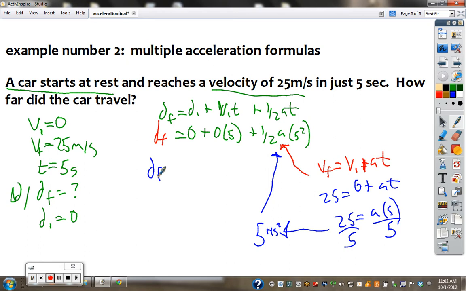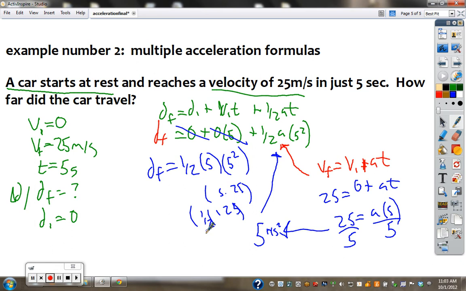Now distance final equals 0, 0, 1/2, 5 times 5 squared equals 25 times 5, 125 times 1/2 equals 125 divided by 2.